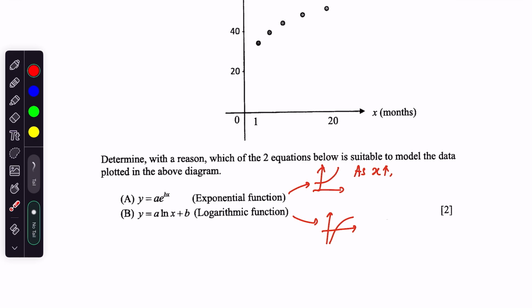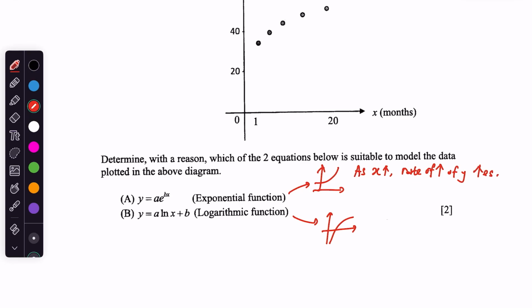For exponential curves, the rate of increase of y, that means how fast y is increasing, right? We know in both graphs the y value is always increasing. But for the exponential curve, as you increase x, y increases faster and faster and faster. So the rate of increase of y increases.